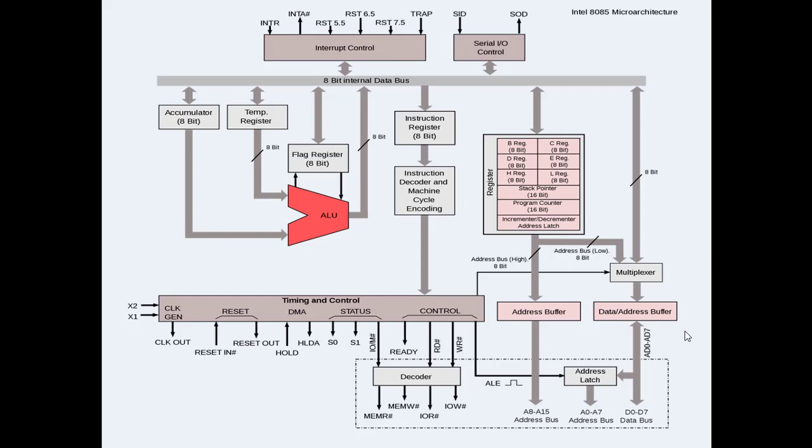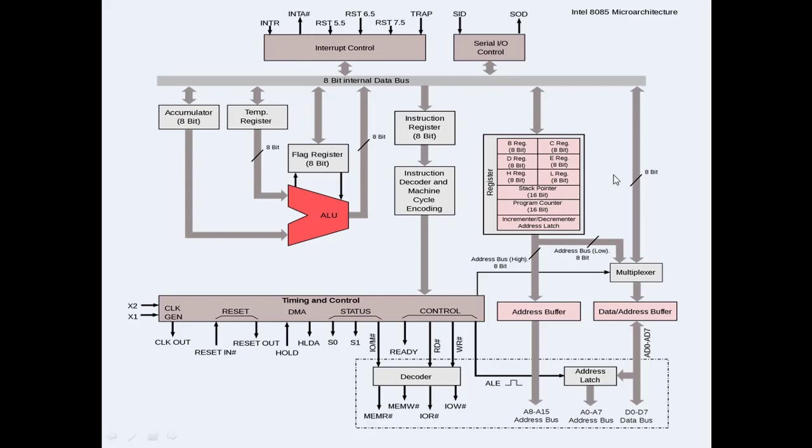Then logical operations: AND, OR, XOR and NOT, complement. Next, rotations, bit by bit rotation, rotate right, rotate left. These are all the operations that can be done by the 8085 ALU. The ALU is connected to the accumulator and temporary registers.